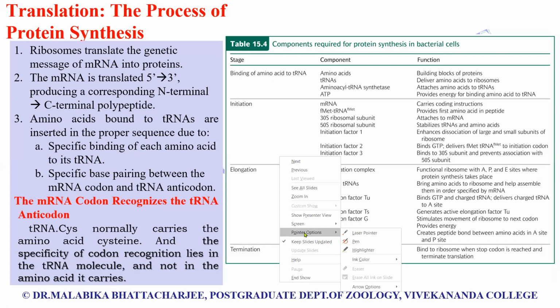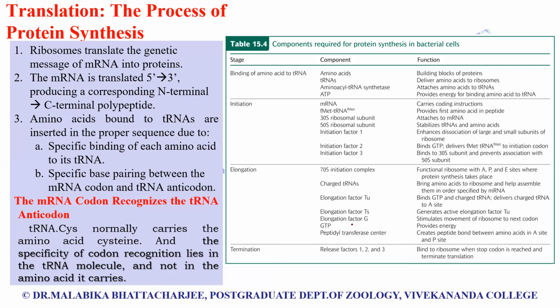But the initiation of eukaryotic protein synthesis is somewhat different from prokaryotic protein synthesis, because if you remember, prokaryotes do not have a 5' cap and a 3' poly A tail. Since eukaryotes have a 5' cap and a 3' poly A tail, the initiation process is somewhat different in prokaryotes and eukaryotes. We will not be getting into the eukaryotic translation machinery. We will restrict ourselves to only the prokaryotic translation machinery.